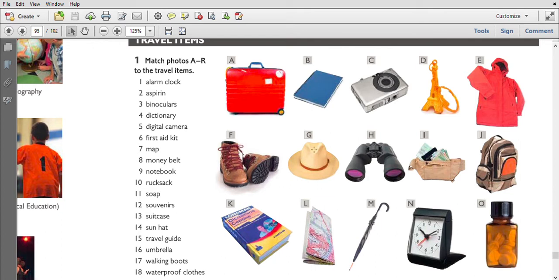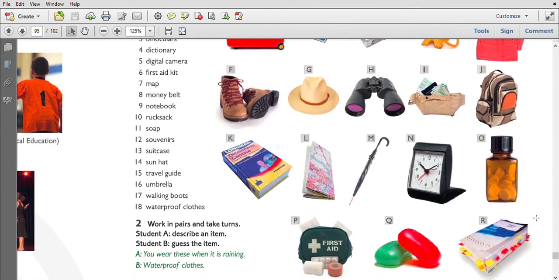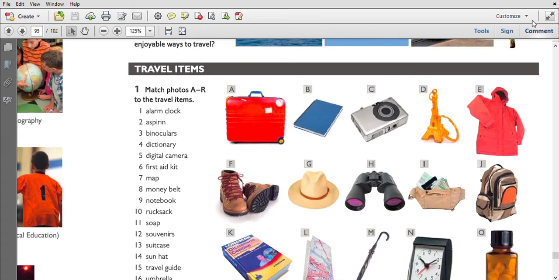G. Travel guide. Let's see what is travel guide. R. This is travel guide. Umbrella. M. Walking boots. F. And waterproof clothes. E.